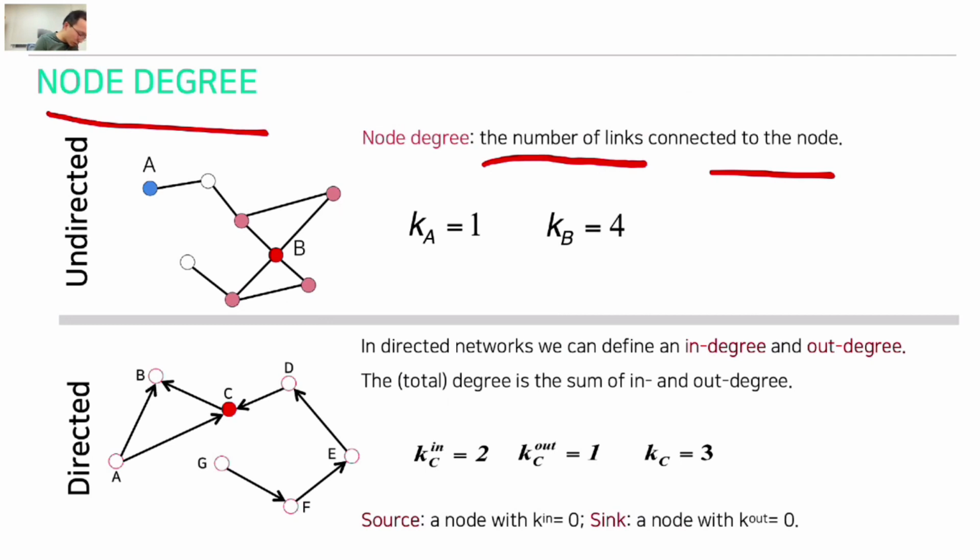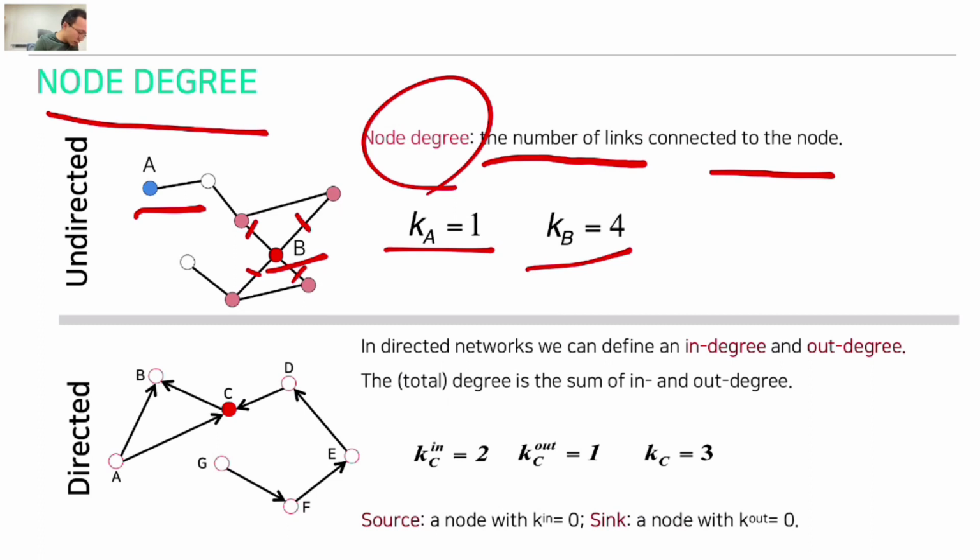Oh yeah, I'm confusing the definition. So yeah, it's the number of links, I would say, to the node, right? They have just one edge, right? What about B? B has 1, 2, 3, 4 edges. Simple, right? The number of links connected to the corresponding node. That is the definition of the node degree.